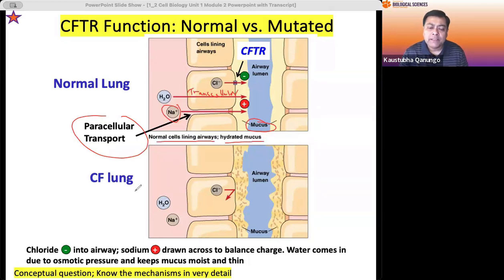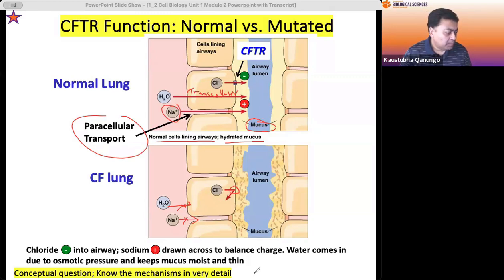But in a cystic fibrosis patient, where the CFTR is not working, the channel does not work. That means no sodium is pulled in, no sodium chloride, no water is pulled in. So the mucus becomes super thick, which makes breathing very difficult, and sometimes infections can happen as well.